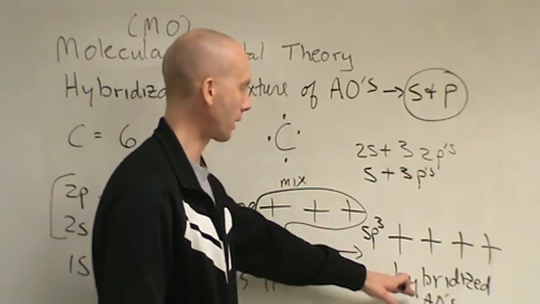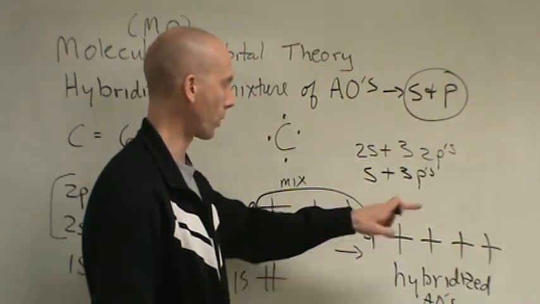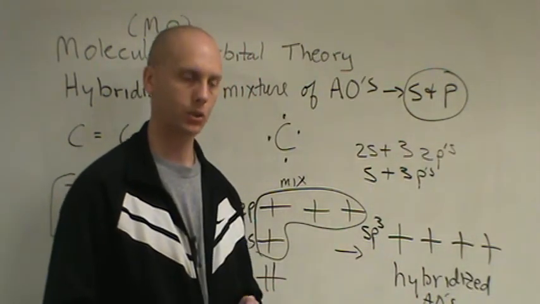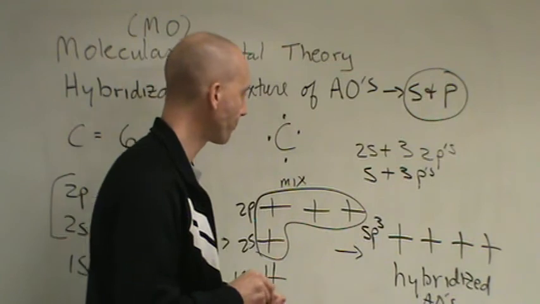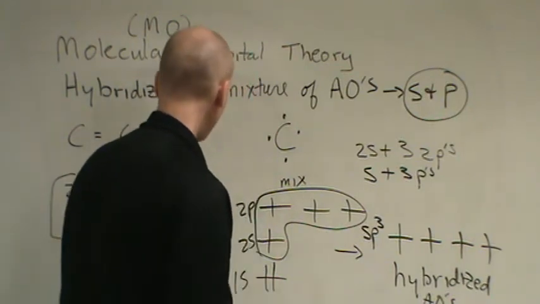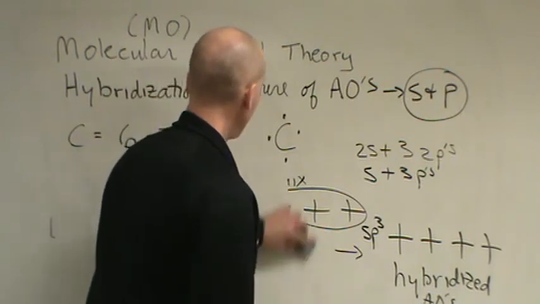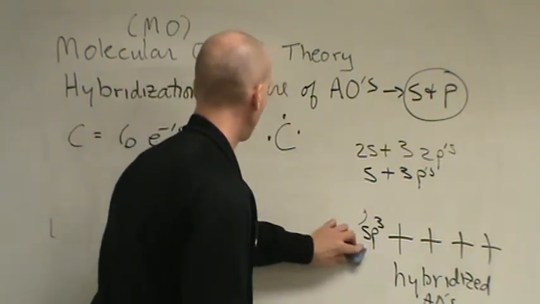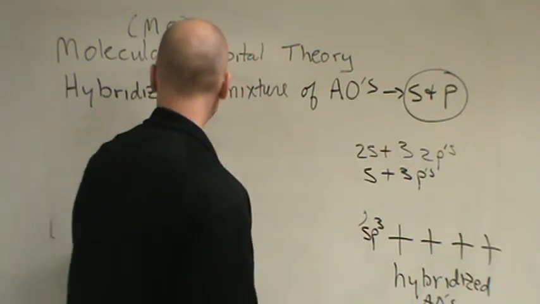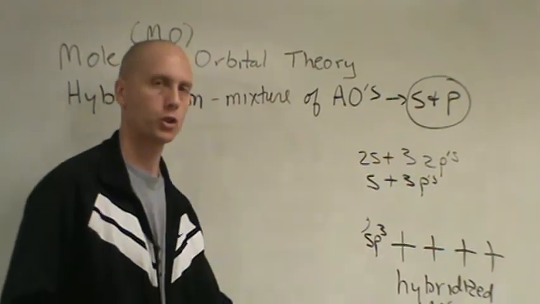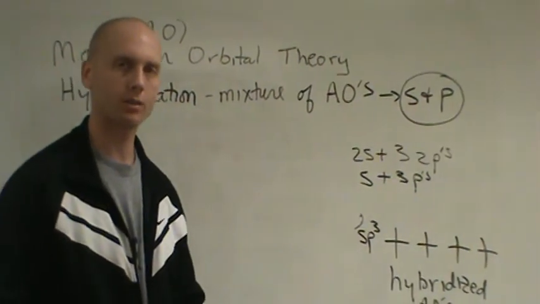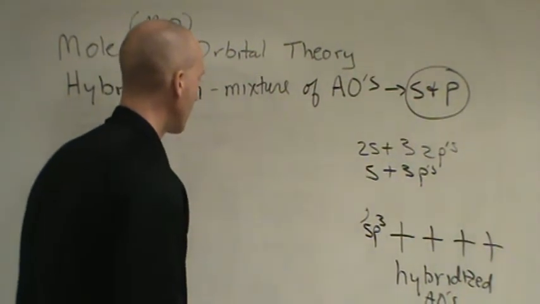What are the hybridized atomic orbitals? The 4 sp3s. So let's look at those in a little more detail. Again, I know this is probably new for you, but just hang on. It'll make sense in the end.